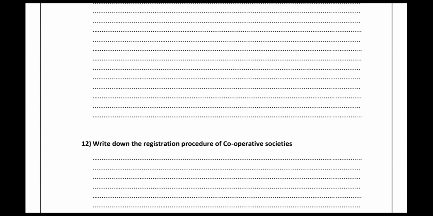The first law is Cooperative Societies Act number 5 of 1972. Later, in 1992, several amendments and changes were made. Then that law became Cooperative Societies Act number 11 of 1992.